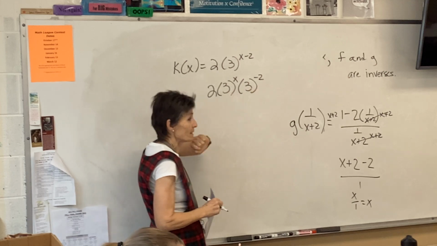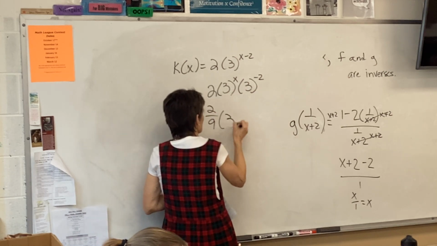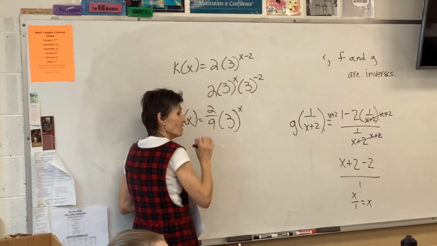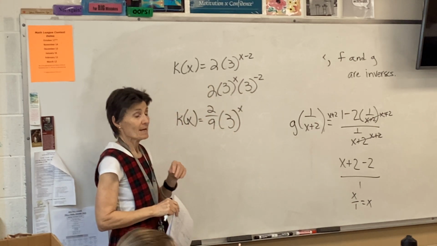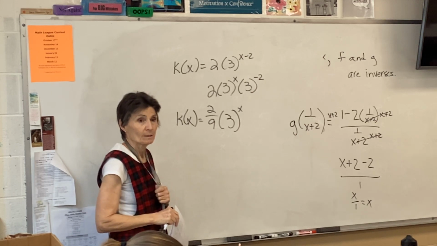Well, what's 3 to the negative second? 1/9. So this is 2/9 times 3 to the x. So it is the exact same function, but now it's written with no horizontal translation.